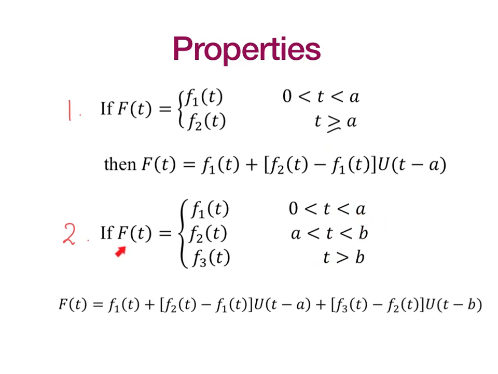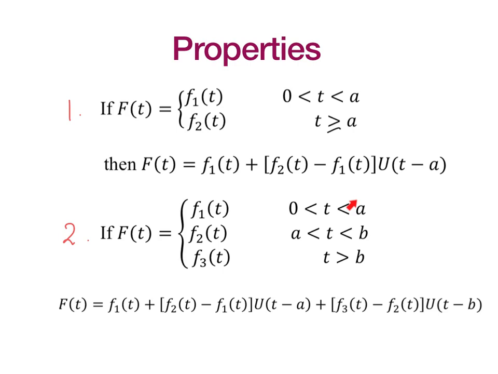The extension is, suppose the function is split into three functions with the intervals 0 to a, a to b, and t greater than b. In this case it's almost similar to the previous one, with an extension. First let us keep f1 of t as it is, then we take the difference f2 minus f1, and we observe the common value in the interval, because we are taking the difference between these two.